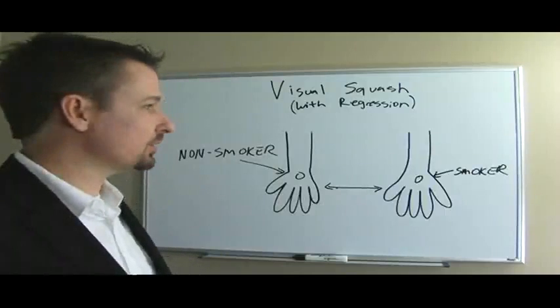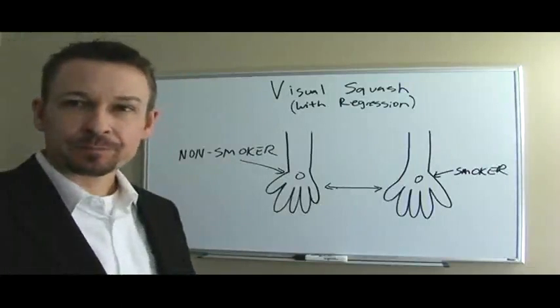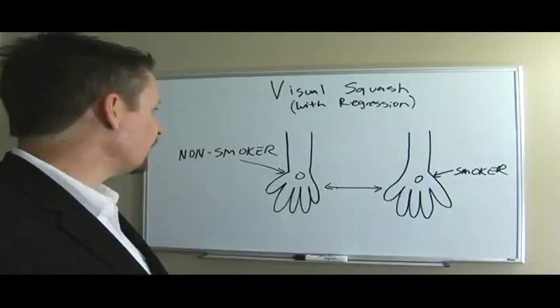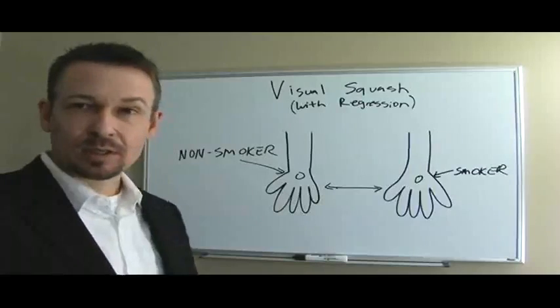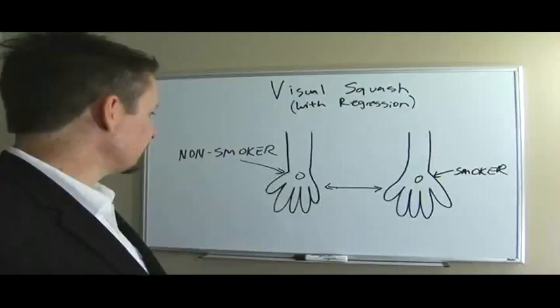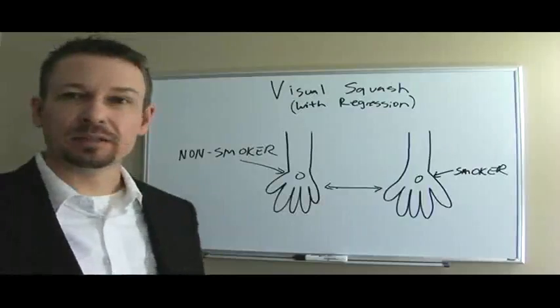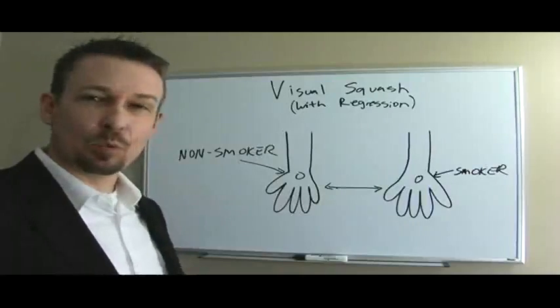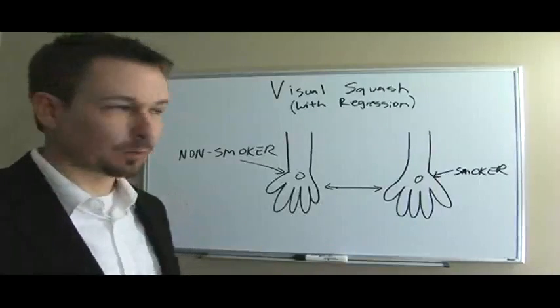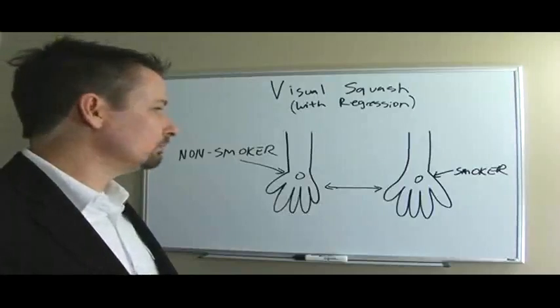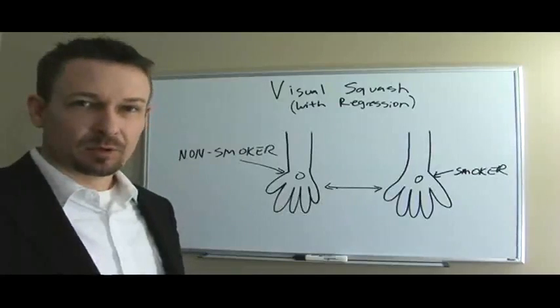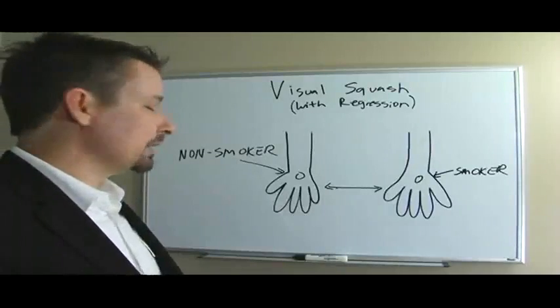And the way you do that is just by talking about the concepts of not smoking and smoking. So while you're touching the hand on the left, you're talking about the idea that they want to be a non-smoker. Okay? They want to eliminate that from their lives. And then you're anchoring it.